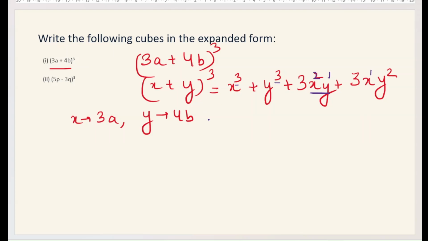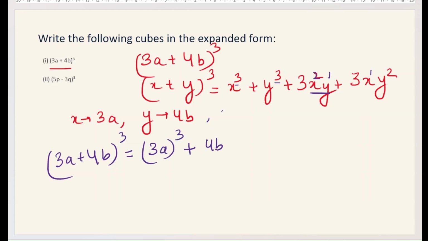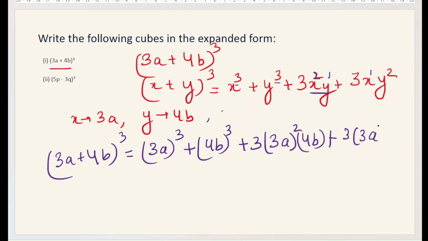And what is the value of c? C we don't have. So (x plus y) whole cube is equal to x cube. Now (3a plus 4b) whole cube is equal to, firstly first term whole cube plus second term whole cube plus 3 multiplied by first term whole square into second term plus 3 multiplied by first term into second term whole square.